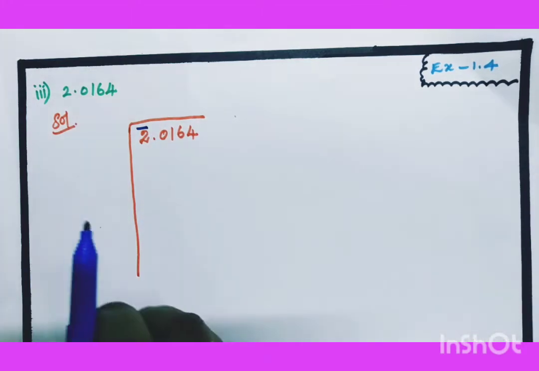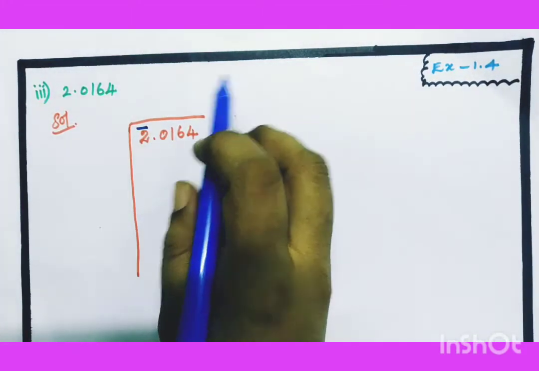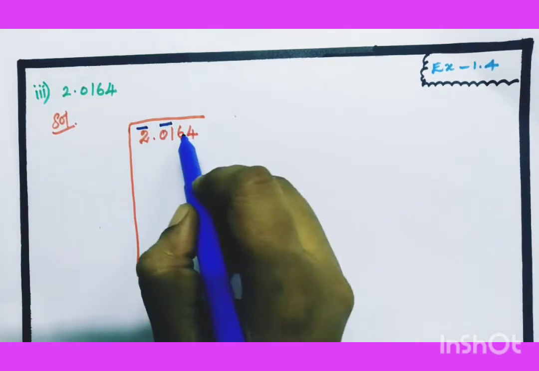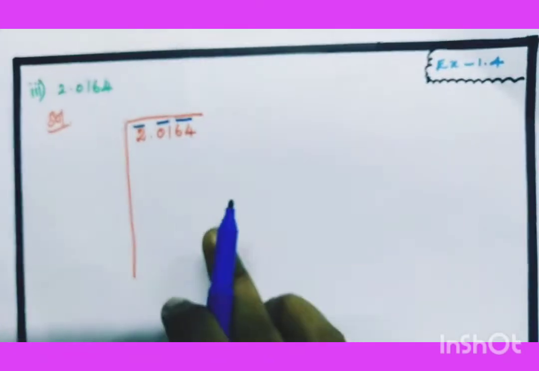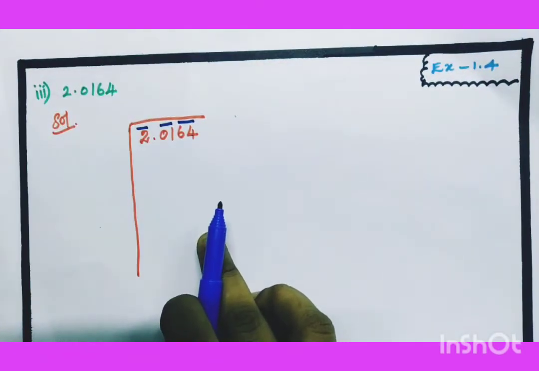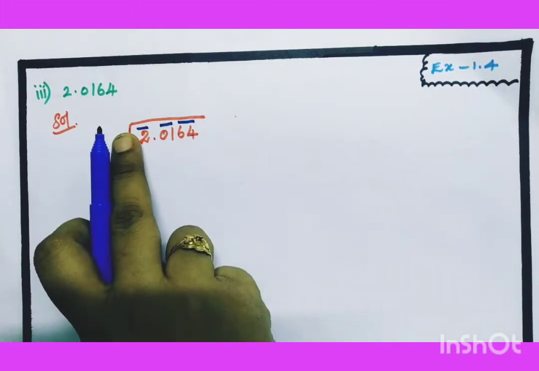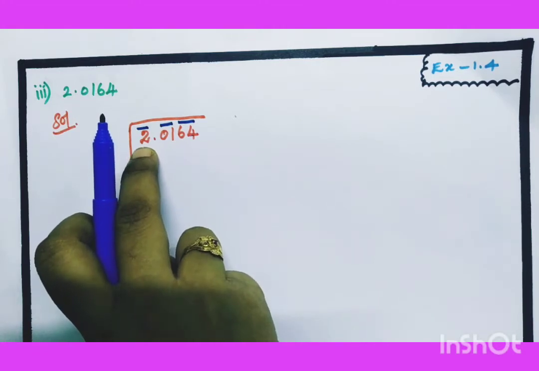Start from the point and make pairs. So I am going to start from the point. 01 is a pair, 64 is a pair. That's all. Understood? This is very important. For the integral part you have to make the pairs, but it is given only as a single digit, so take it as it is.